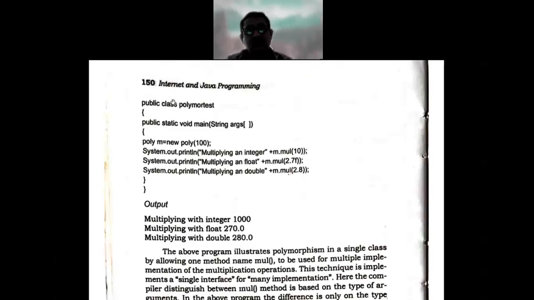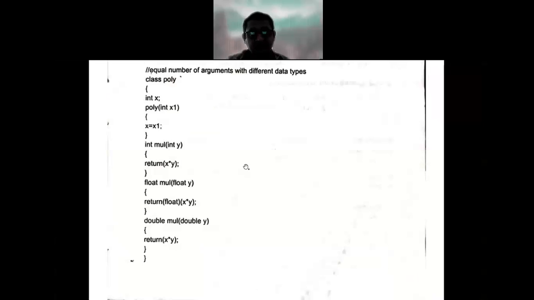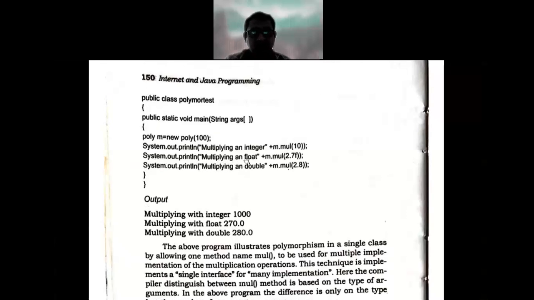And then within the class PolymorphTest, Poly m equal to new Poly 100, then multiplying an integer, m.multiply 10. So using that integer one, and then multiplying a float, m.multiply 2.7 float, and then System.out.println multiply double m.mul 2.8. So every time three different functions of the same name will be called automatically.